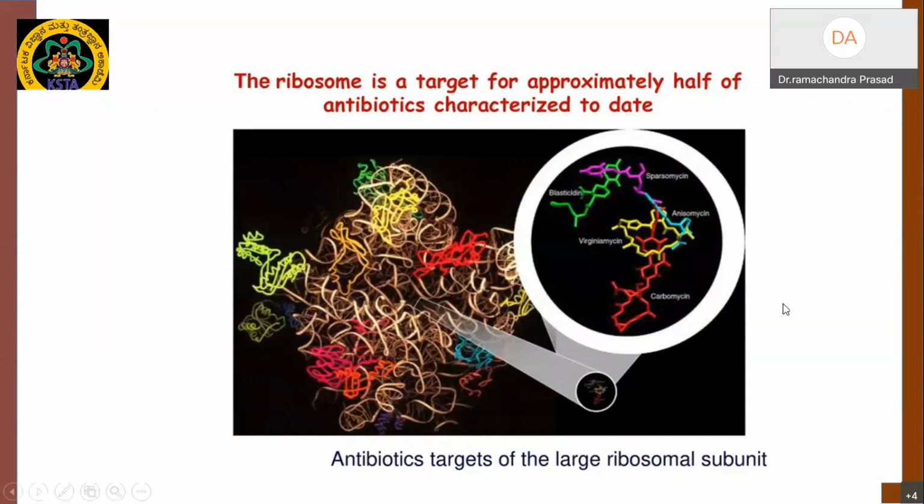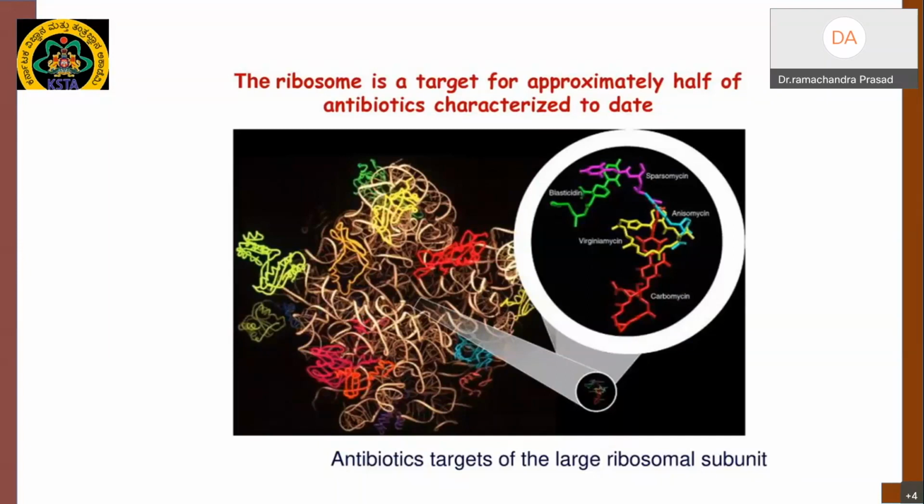So if we want to understand or change the target of all these antibiotics to the ribosome, because when they develop resistance against these antibiotics, again these pharmaceutical companies or drug designers modify these antibiotics against the target.